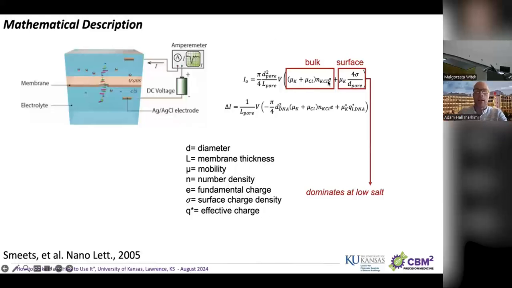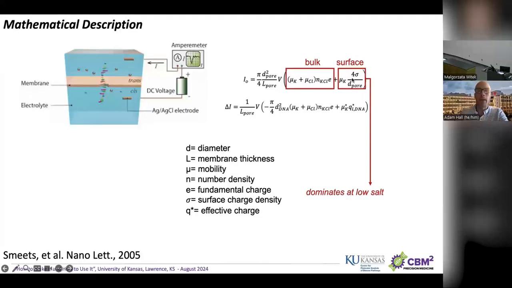Number one is the bulk effects, and when I say bulk effects, I'm talking about essentially the fluid that we're using, the media or the buffer that we're actually including in our device. So bulk means what kind of salt you put in here, and how much of the salt is in there, that kind of thing. Those determine, of course, how much current is flowing through the pore as well.